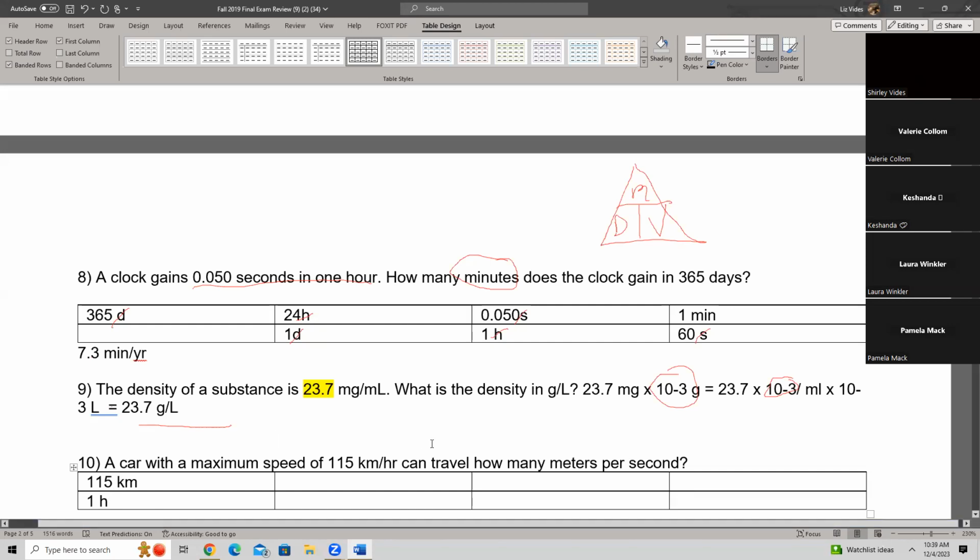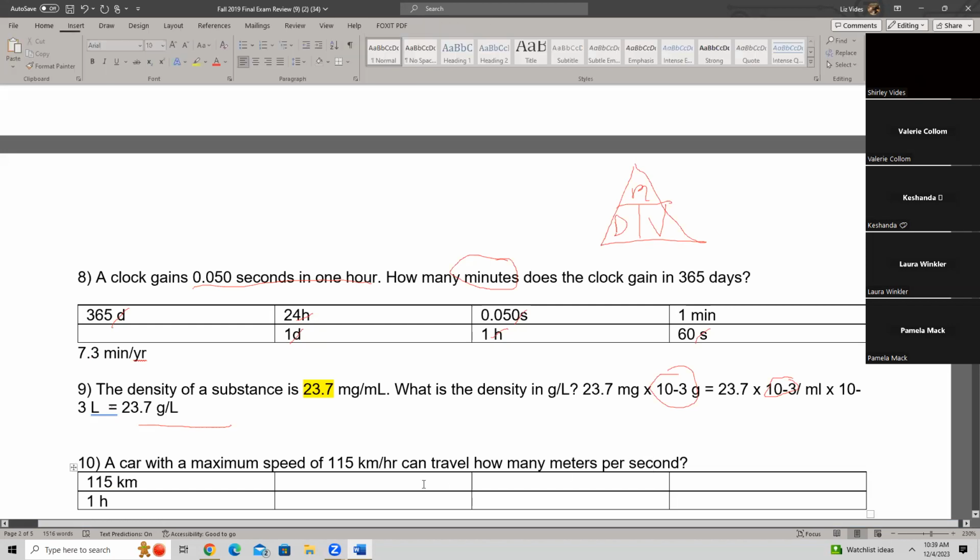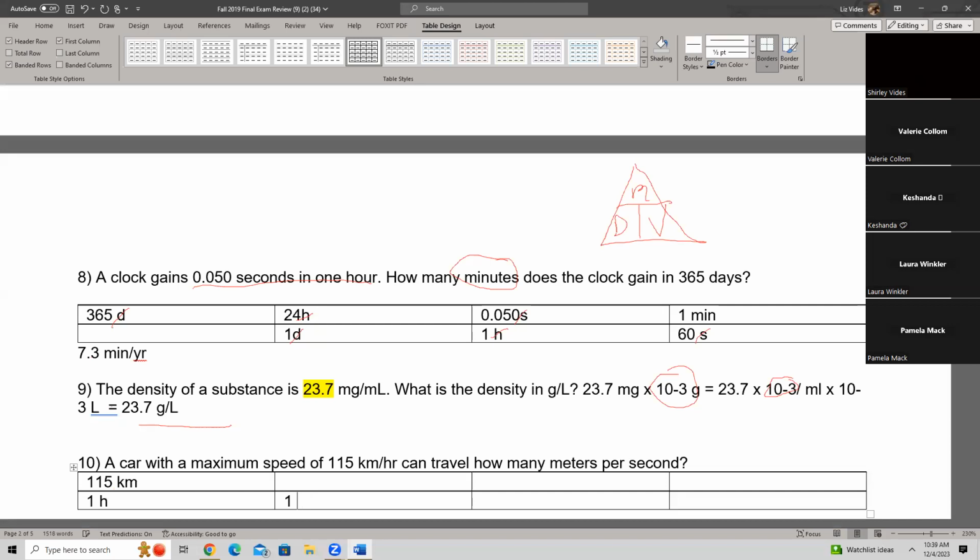As long as we end up with meters on top and seconds on the bottom, we're good. So 1 kilometer is equal to 10 to the third meters, right? And that one's it. That's what we wanted, so this conversion is over.